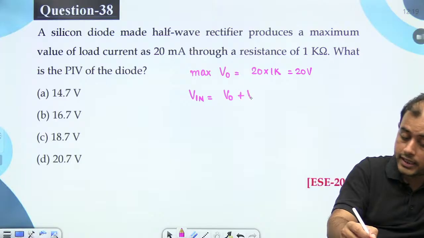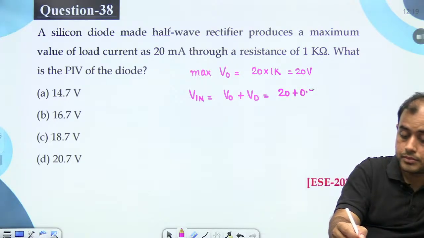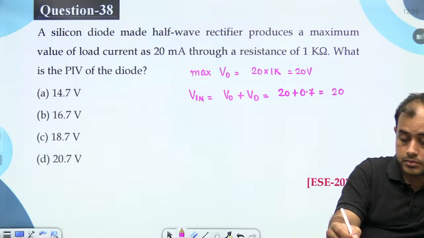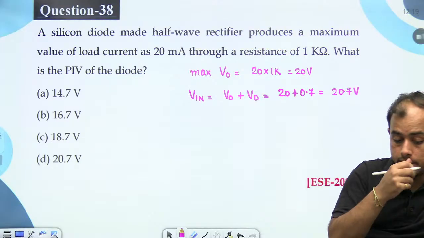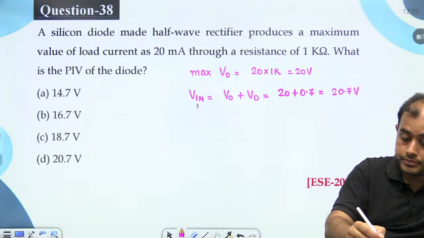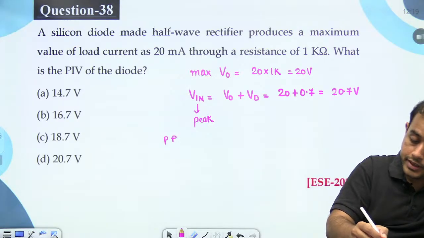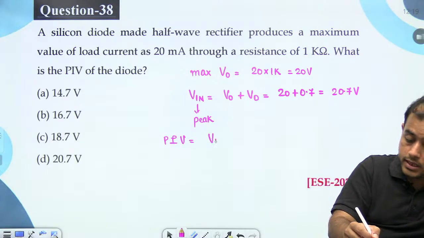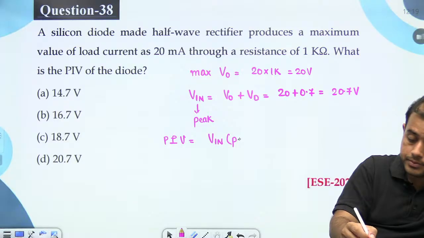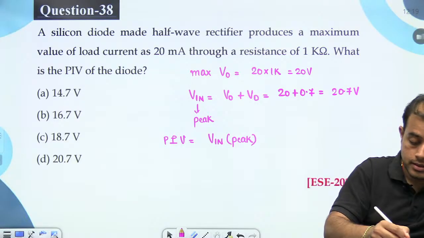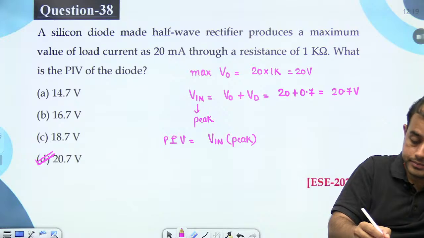In half wave rectifier, V in will be V naught plus VD, 0.7 peak. Now PIV is peak of the input voltage, 20.7.